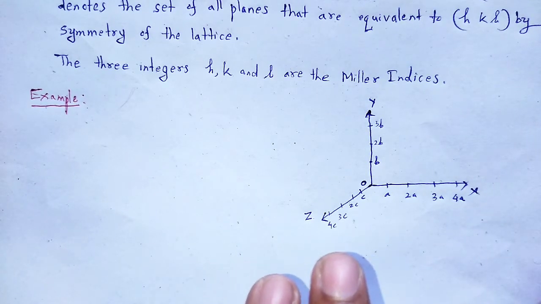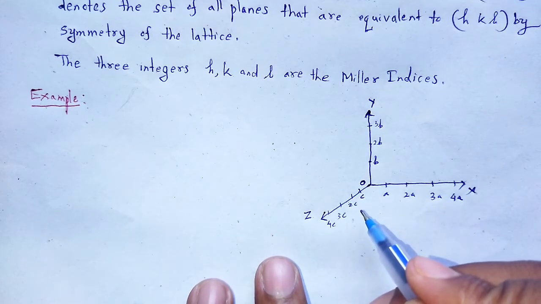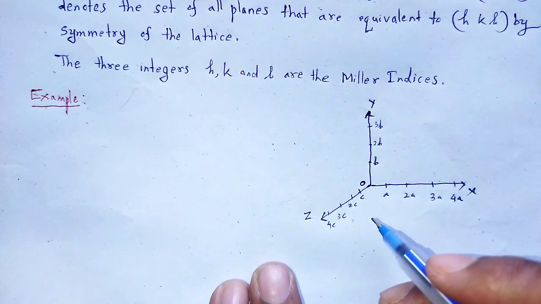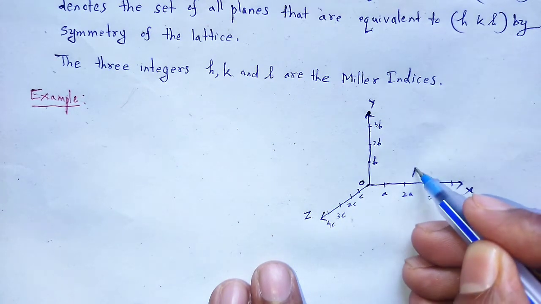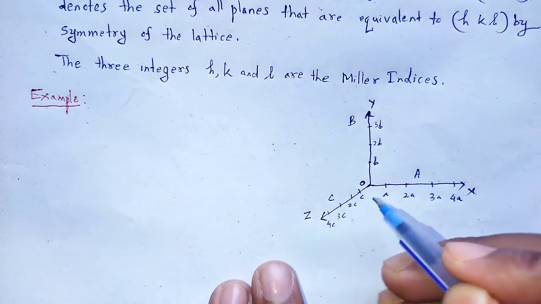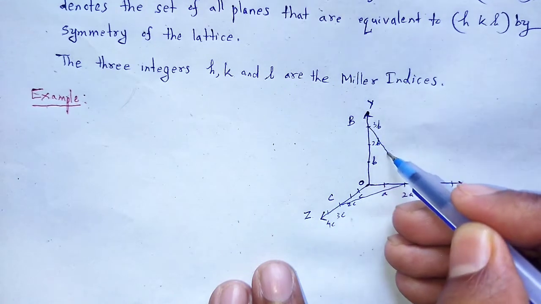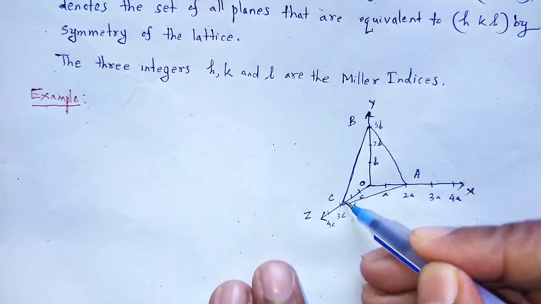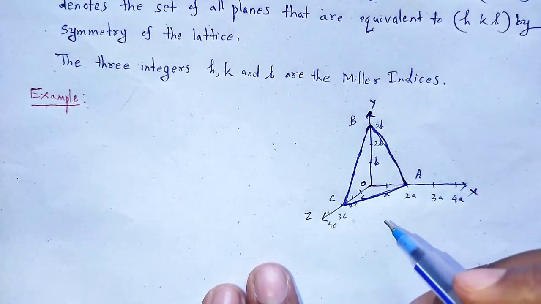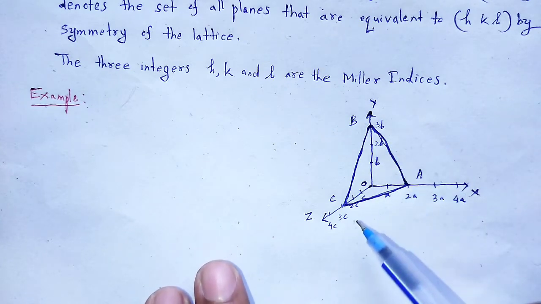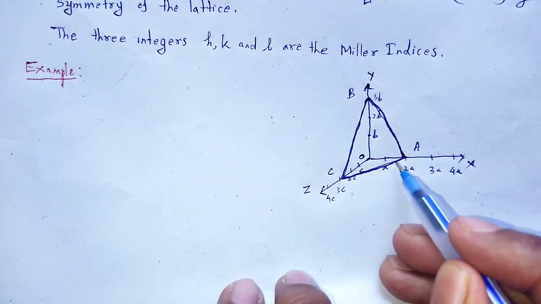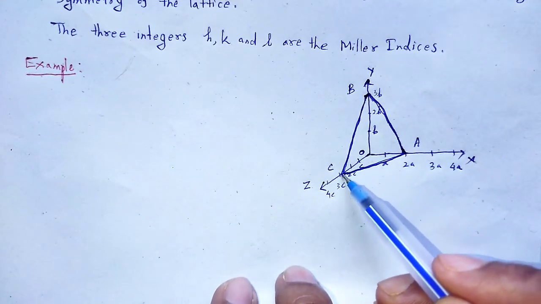Let us take a plane ABC, and it intersects the x, y, z axes at the points A, B, C. ABC is that plane which intersects the x, y and z axes: x axis at 2a, y axis at 3b and z axis at 3c.